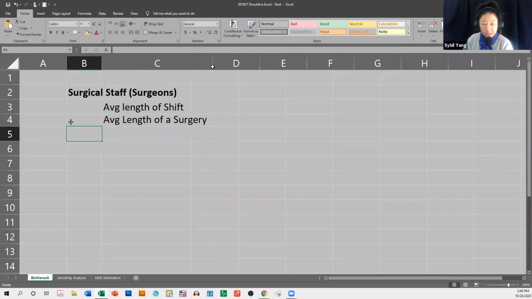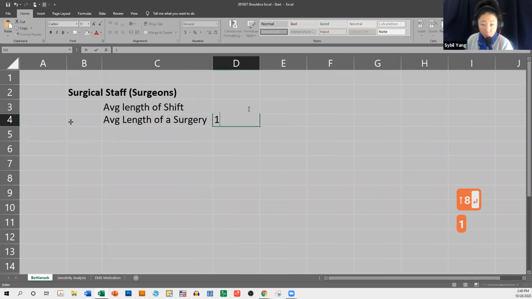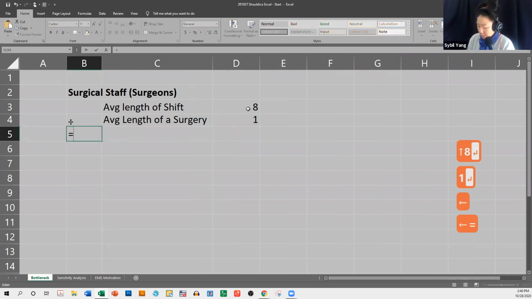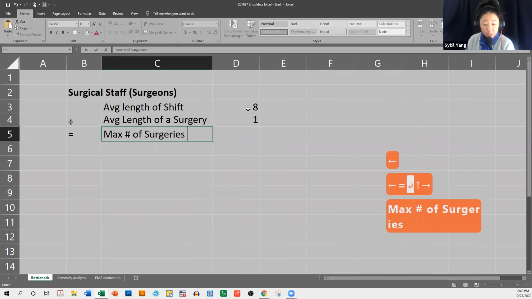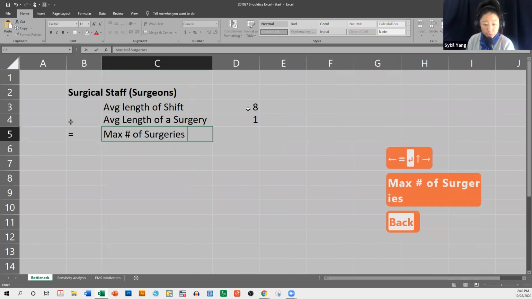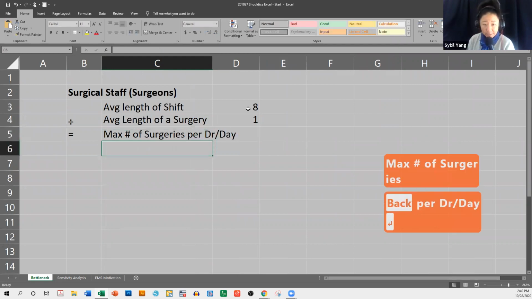So let's just say, I'm going to type in here, they have an 8-hour shift and the average length of a surgery is 1 hour. Then presumably that equals the max number of surgeries per doctor per day.